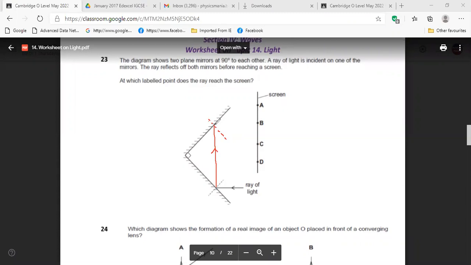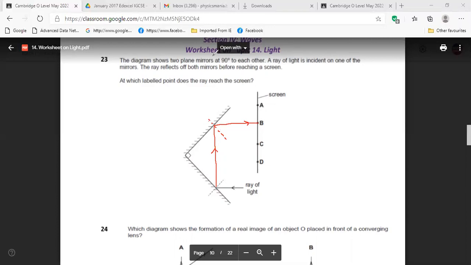Okay, now after reflection, maintain the law of reflection. See, it's going to be right. The angle of incidence and angle of reflection are equal.